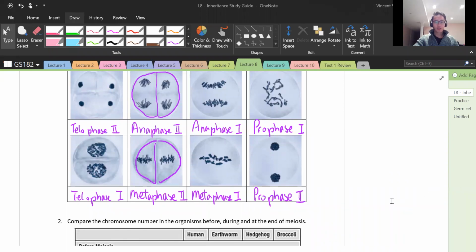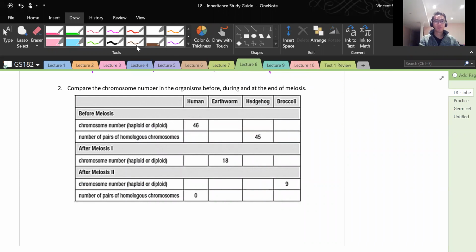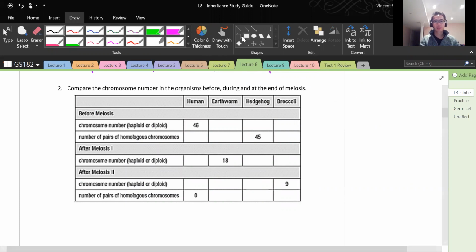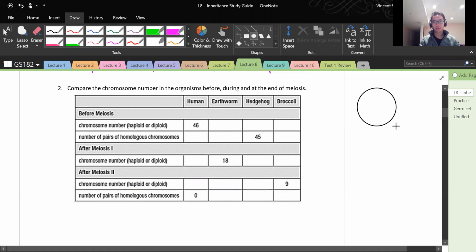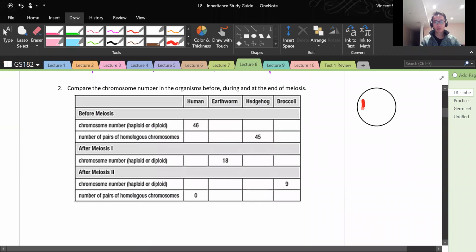All right, next question has to do with the number of chromosomes. So let me just remind you what meiosis looks like. So we start with a single cell, and we're gonna have the maternal chromosome.